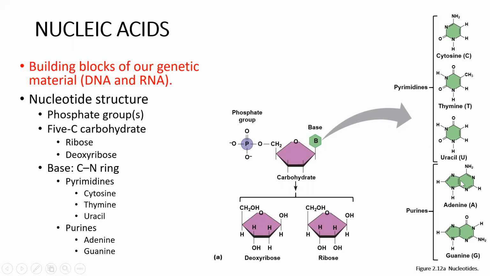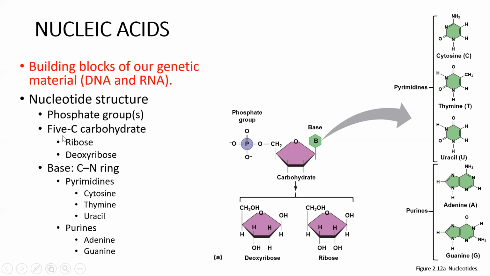So that's the difference in terms of the structure: adenine and guanine, which create our purines, are going to have that double ring. And those are the attachments that give us purines, right? Adenine and guanine. So we can have a lot of different combinations here that give us different types of nucleotide structures.